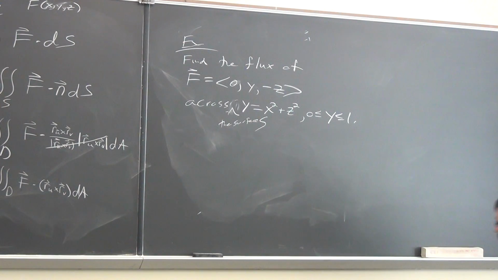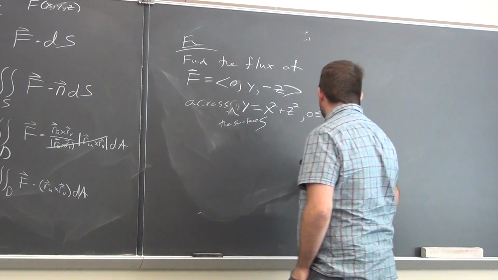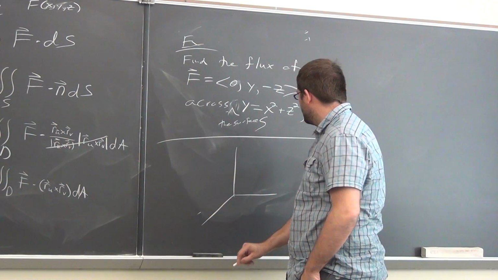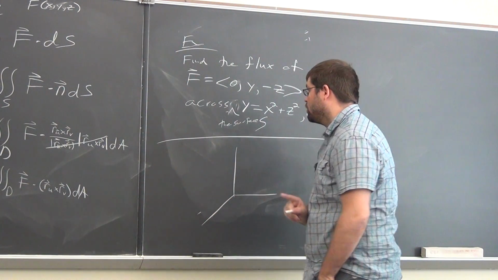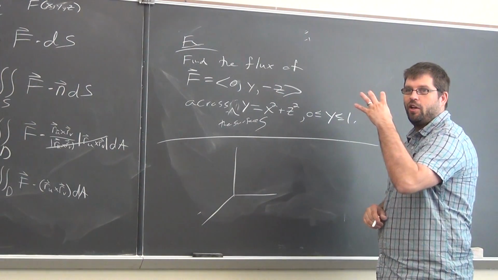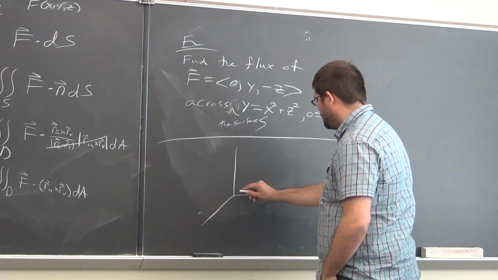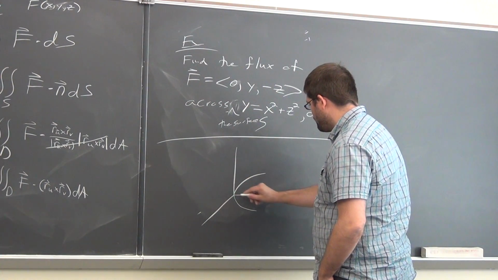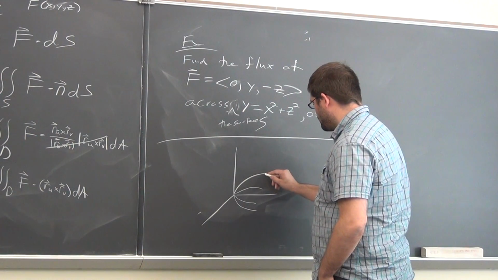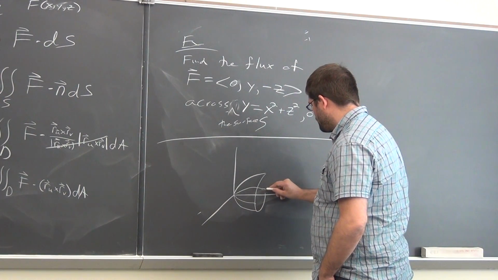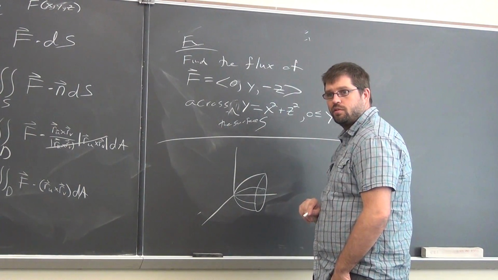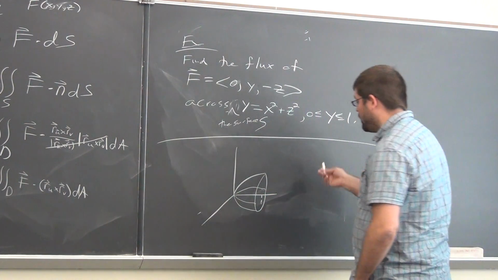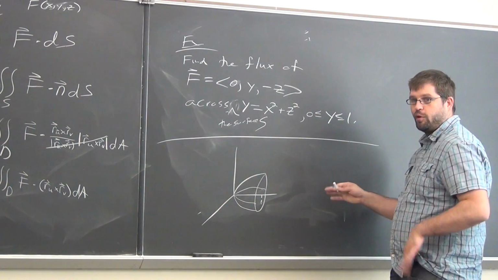All right, so what does this surface look like? Not a cone exactly, but a paraboloid, right? It's opening up as a paraboloid in the y direction, and then you go off from 0 to 1. You could come up with all kinds of different parameterizations.